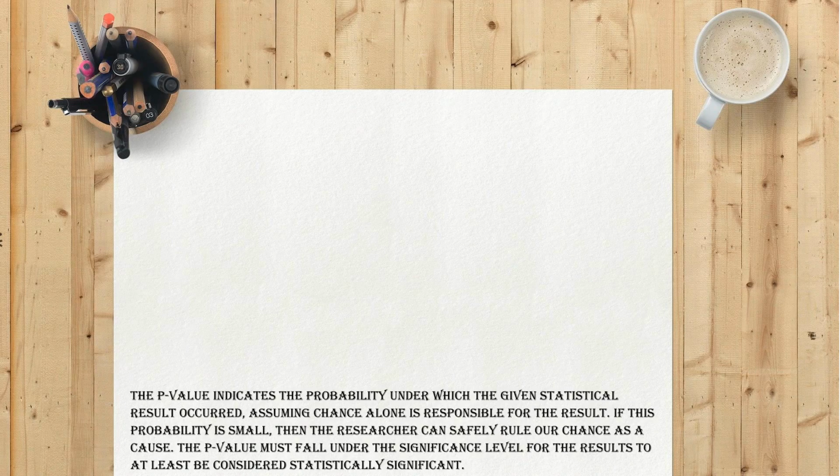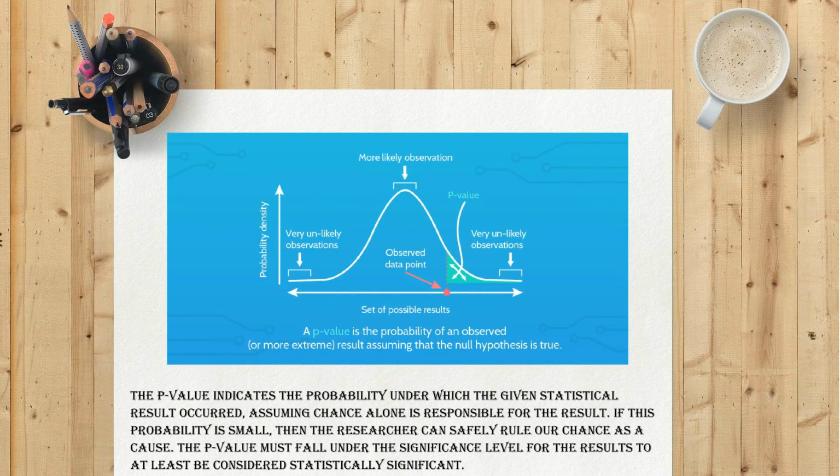The p-value indicates the probability under which the given statistical result occurred, assuming chance alone is responsible for the result. If this probability is small, then the researcher can safely rule out chance as a cause. The p-value must fall under the significance level for the results to at least be considered statistically significant.